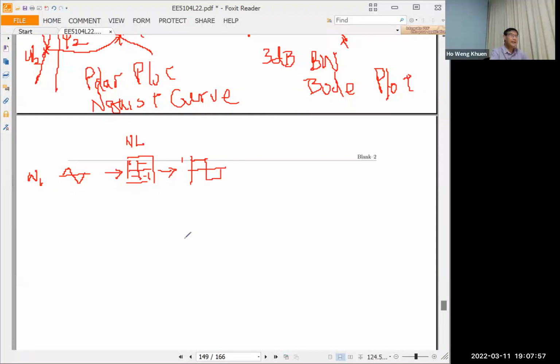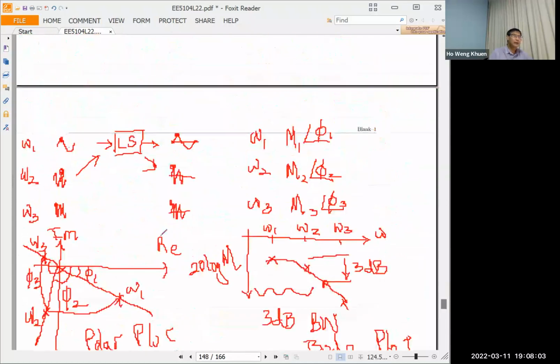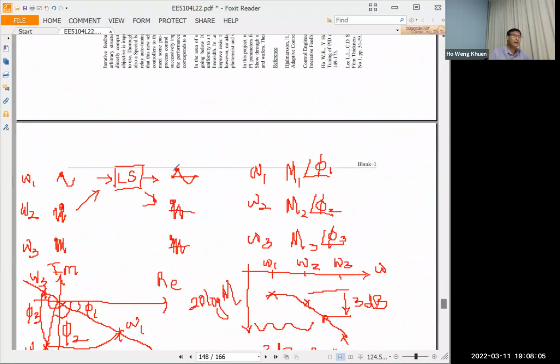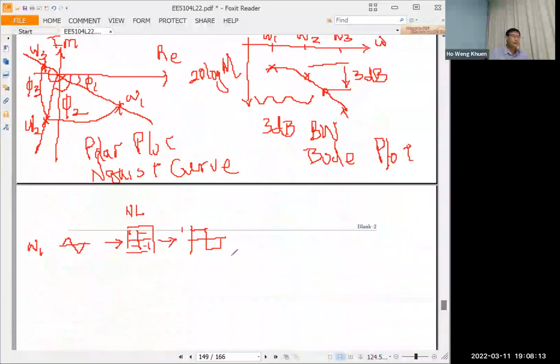Then we say we want to have a copycat version. The copycat version would be you take this sine wave amplitude divided by this sine wave amplitude and say that is the gain M1. But it's a square wave, so how? Never mind, we just approximate this square wave as a sine wave.